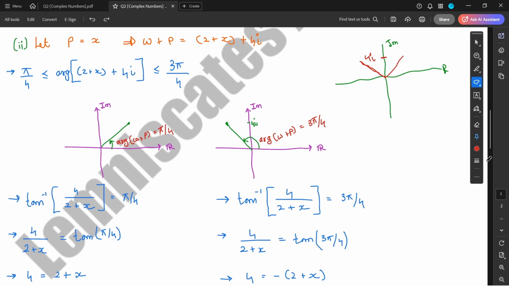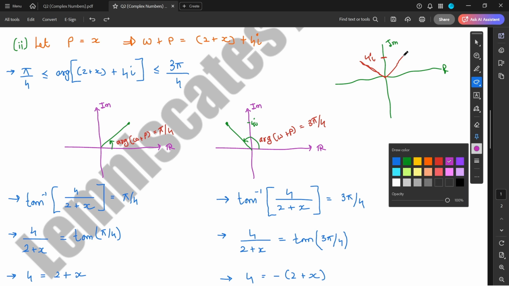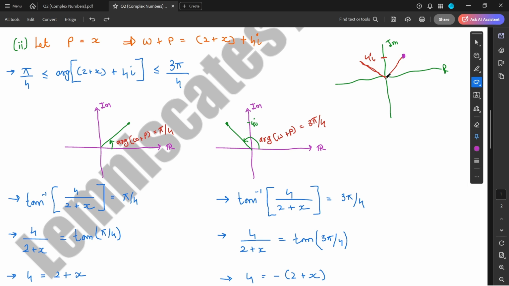So there will be a complex number sitting over here. And when the complex number is sitting over here in my Argand plane, that is the minimum value of the argument of the complex number, that is pi by 4. And then when the same complex number will be over here, that is the maximum possible argument that I am having, of 3 pi by 4.